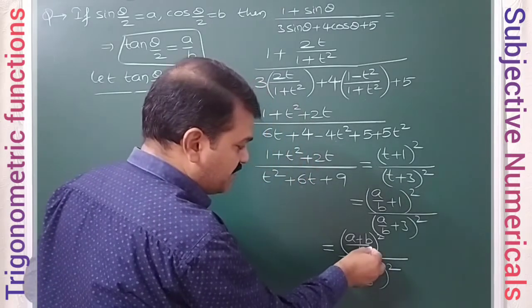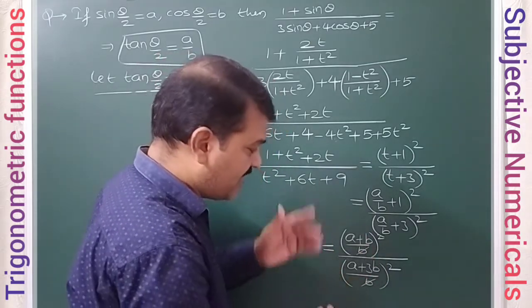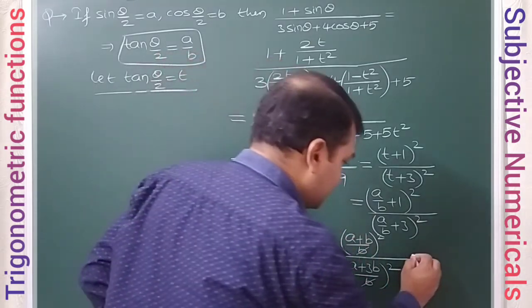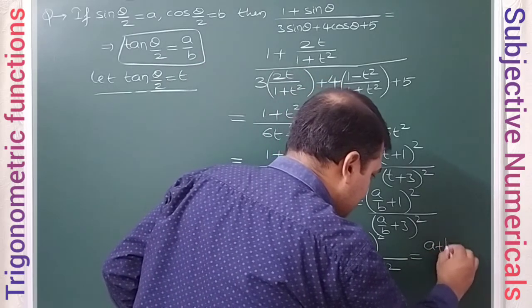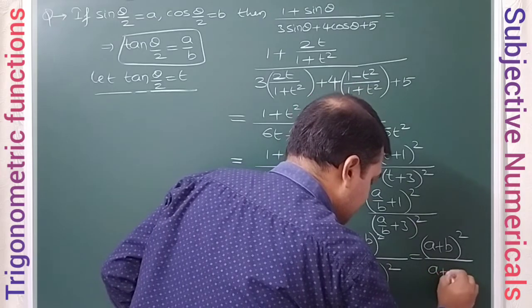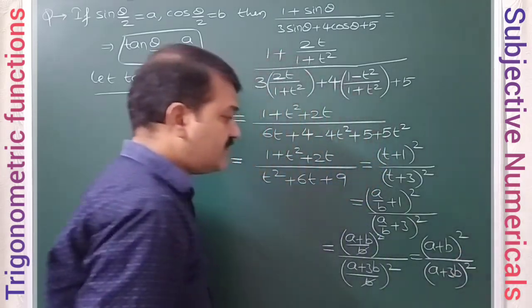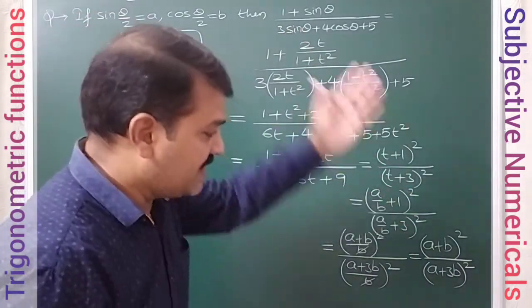So anyhow this b we can cancel, of course, because both are having whole squares. So finally it is a plus b whole square by a plus 3b whole square. So this is the required answer in terms of a and b.